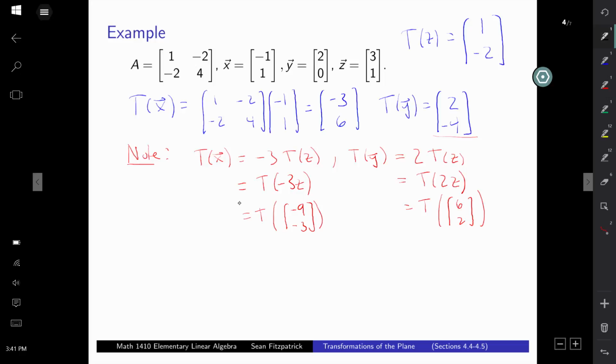What happens if we try to sketch things? I'm not going to sketch them all, but let's sketch a couple of them. So where's x? x is here. y is there. z is there. And where's T of x? T of x is going to be kind of (-3, 6), around here.